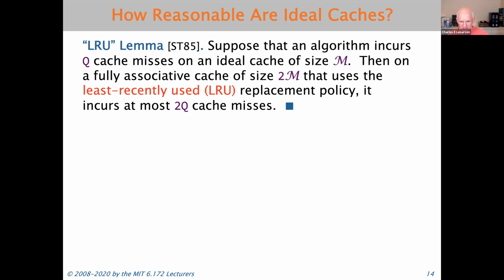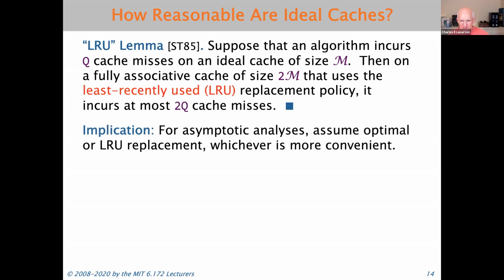They're deterministic codes. So we have these factors of 2: the 2 for the cache size, which has to be twice as big, and 2 for the number of cache misses. But for theoretical asymptotic analysis, they don't matter. They get swallowed up in the theta or the big O.